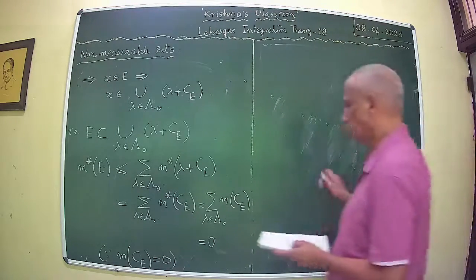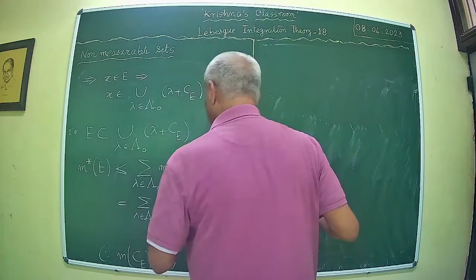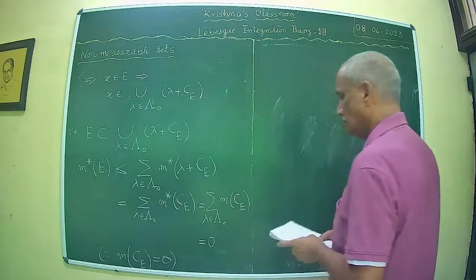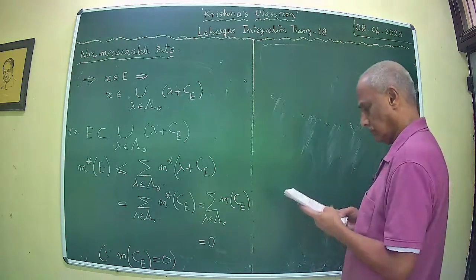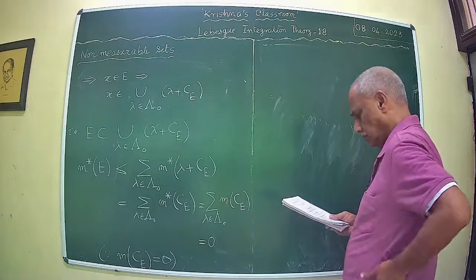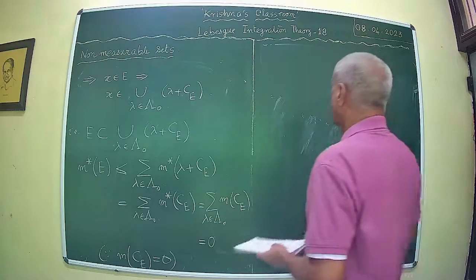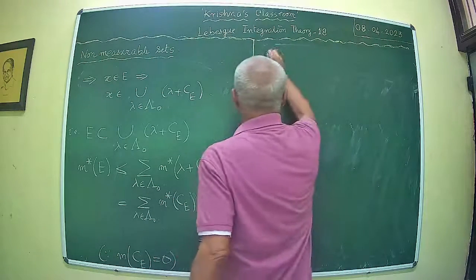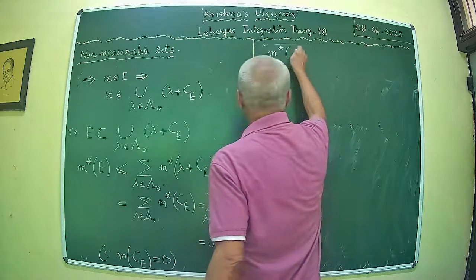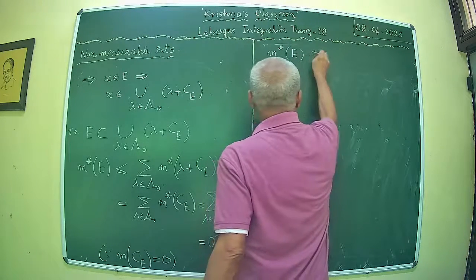But what do you get? So you get, we have assumed m star of E is strictly positive.